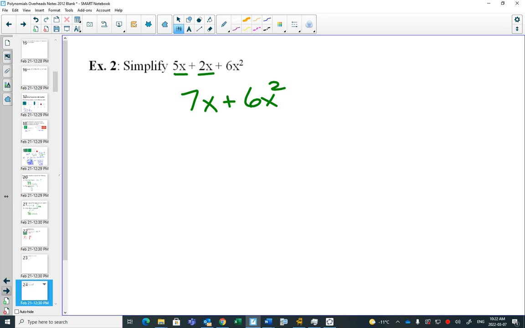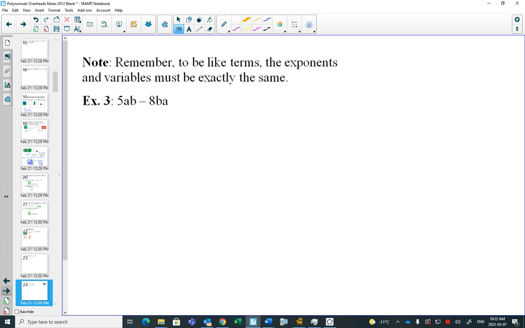And now the variables don't have to be x's. We could have any letters. If we wanted to draw this with Algetiles, your Algetile for A would be a different size rectangle. Your Algetile for AB would be a different size rectangle. Are these like terms? Yeah.